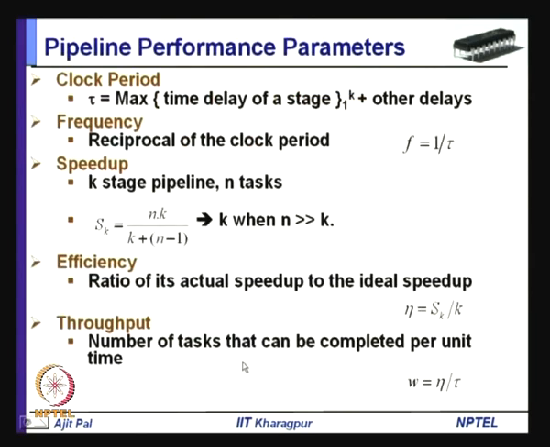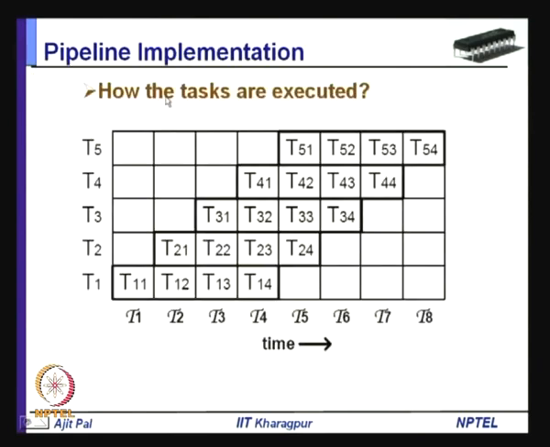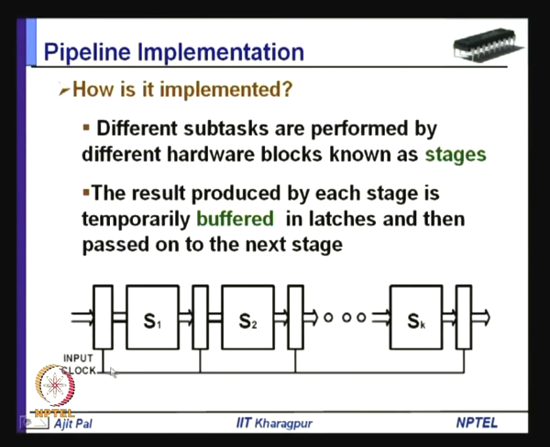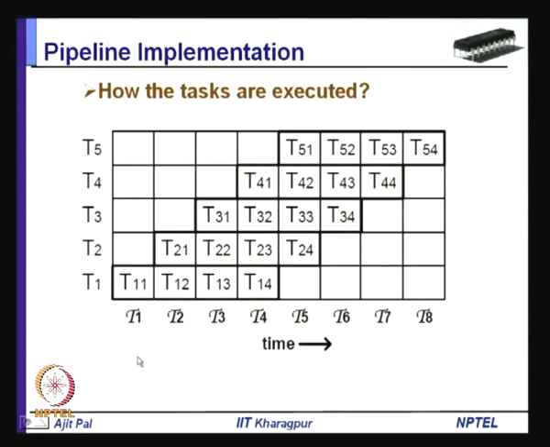Okay. Now, in the context of pipelining, there are some performance parameters we use. Number one is clock period. As you have seen, when we go for implementation, we have to use some latches and apply a clock. So, what is the clock frequency?